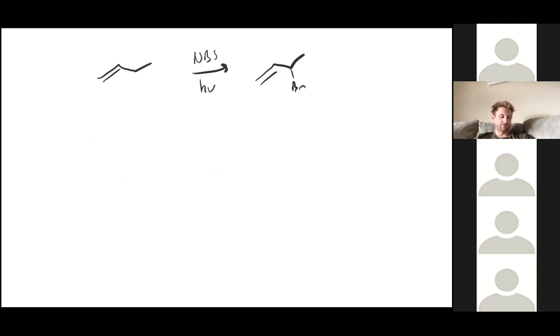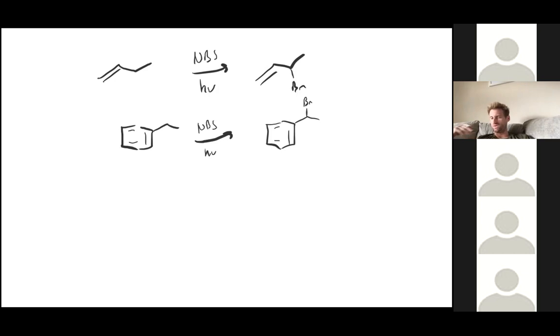If we do this with an aromatic ring, we can also brominate next to our ring. So same kind of concept. If you have a tert-butyl, it won't work.